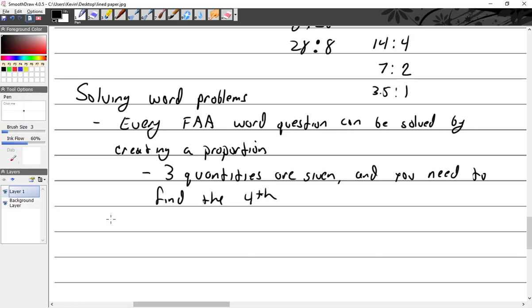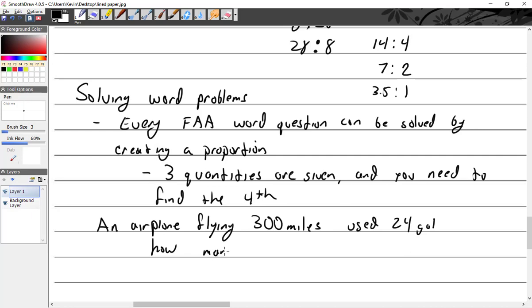Example: an airplane flying 300 miles used 24 gallons of fuel. How many gallons to fly 750 miles?